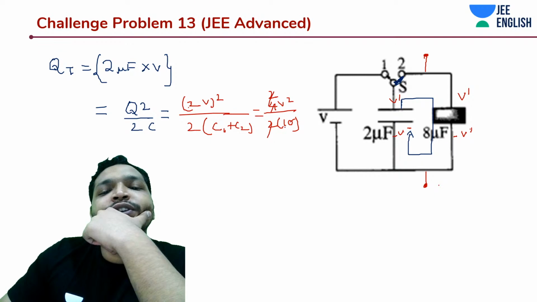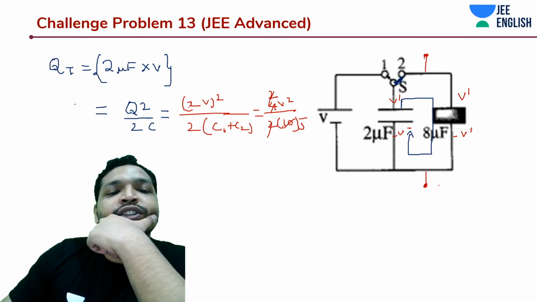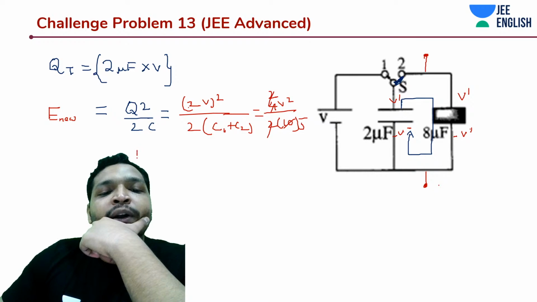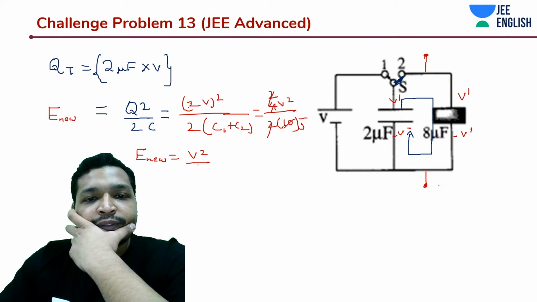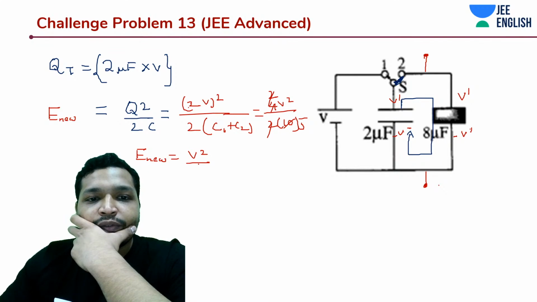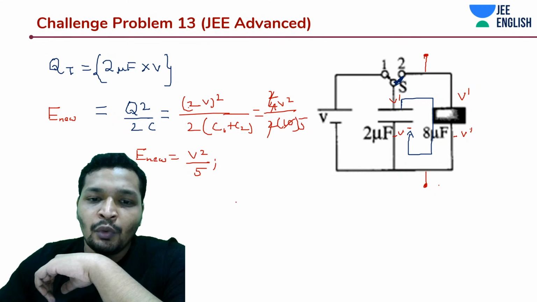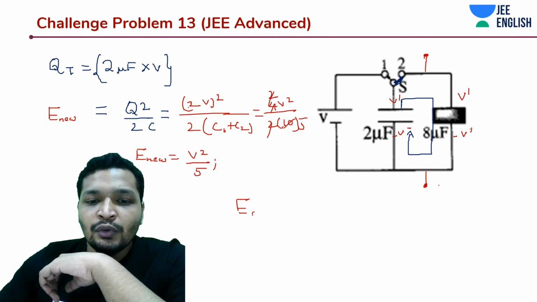That's 1 by 5 V square. Okay. So your new energy, this is E new. How much is E new coming out in this case? E new is coming out as V square by 5, isn't it? V square by 5.